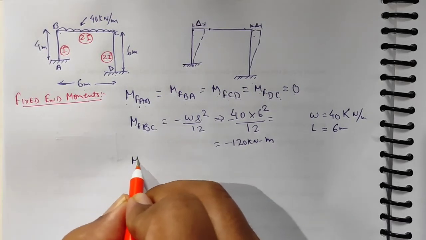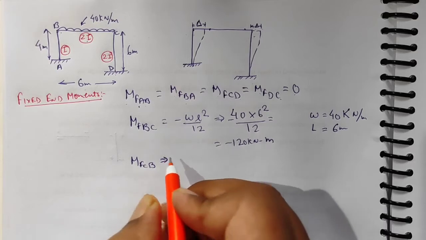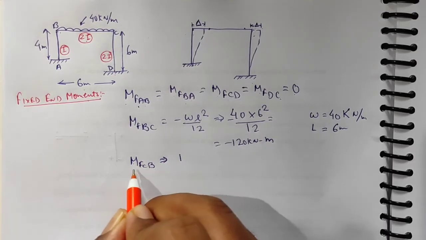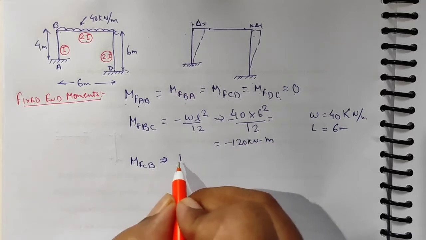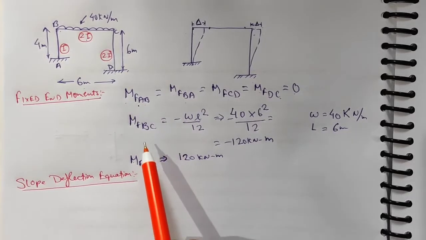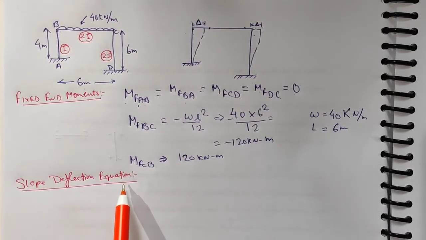As we know, the fixed end moment for the same member is just opposite at the other end, that is, the moment acts in the opposite direction. Therefore, the value of the fixed end moment MFCB will be 120 kilonewton meter. So in this way we can find the fixed end moments, and our second step is to find the slope deflection equation.